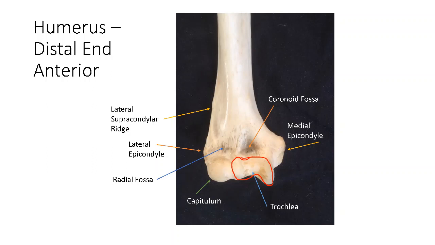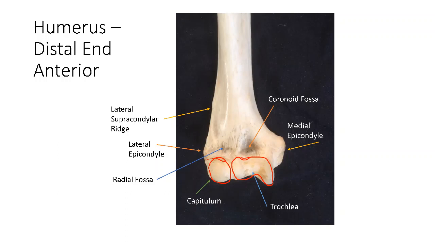And we have this very round piece called the capitulum. A lot of people have trouble with pronouncing that. Think the word capitulate, meaning you will give in. You will capitulate and you will say capitulum. It is for the head of the radius.